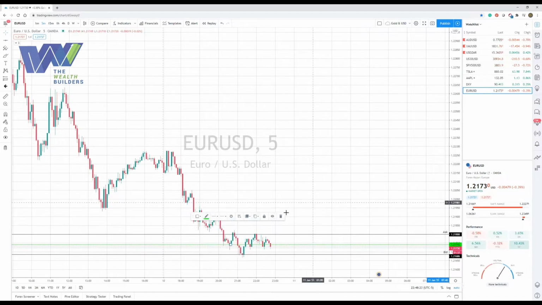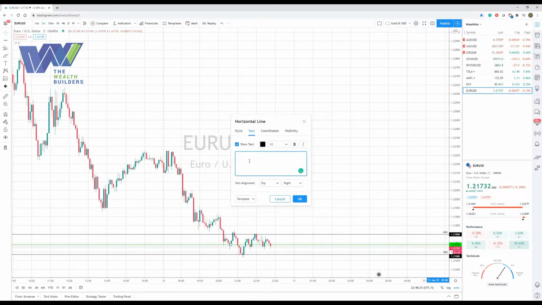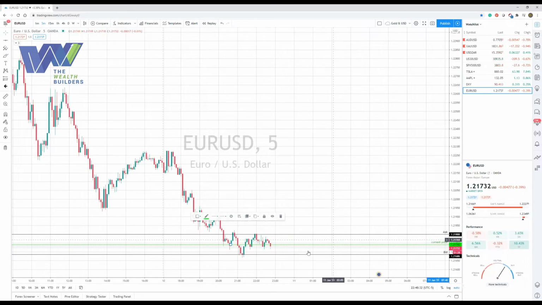I make that green. All right. So if I wanted to put in, if I'm expecting price to come up, then I could say, oh, price might come down here, break and retest, and go back up. All right. So if I wanted to put in a buy, I would be buying it at 1.21800.